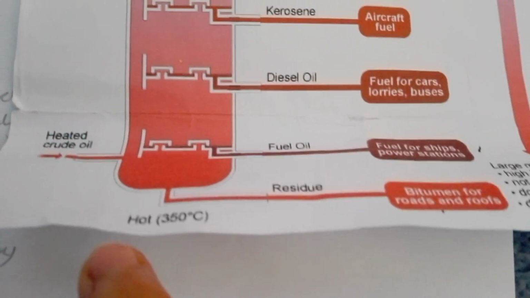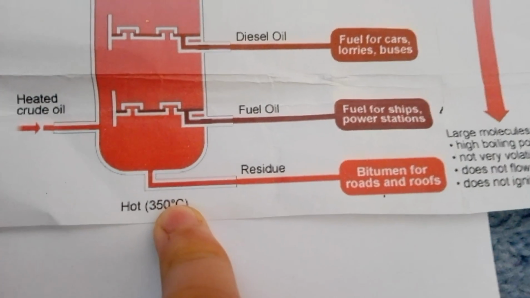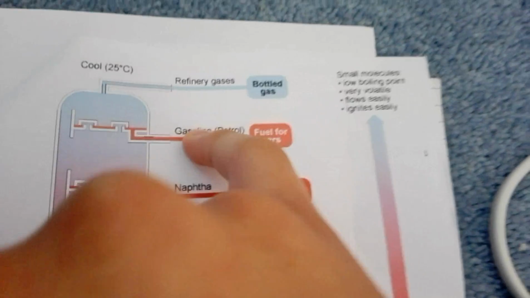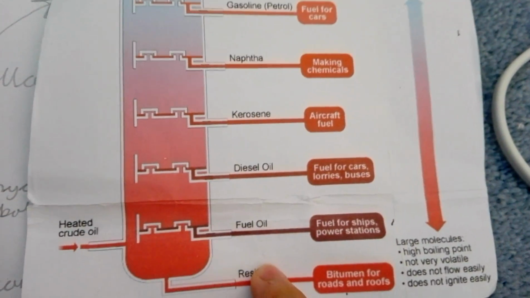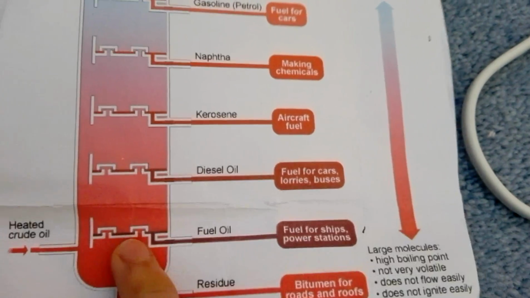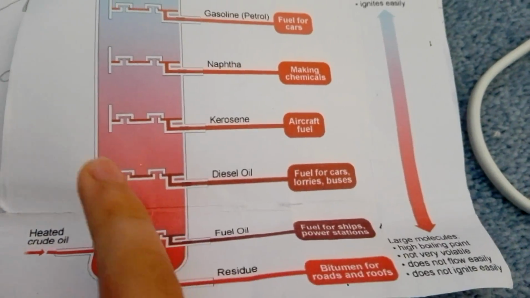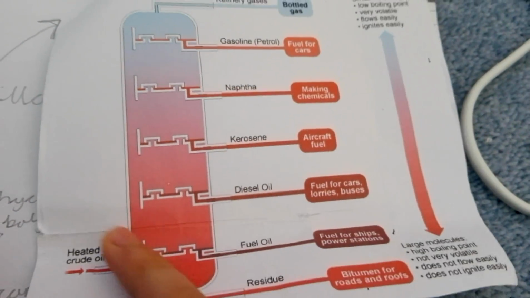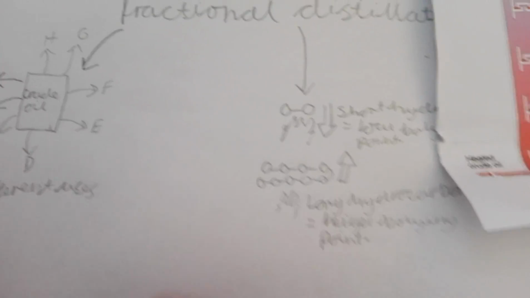It is extremely hot: at the bottom we have 350 degrees C, and at the top we have 25 degrees C. We have all these different gases here, which is what we can make out of this crude oil. Fractional distillation is the process in which we separate these uses of crude oil out.